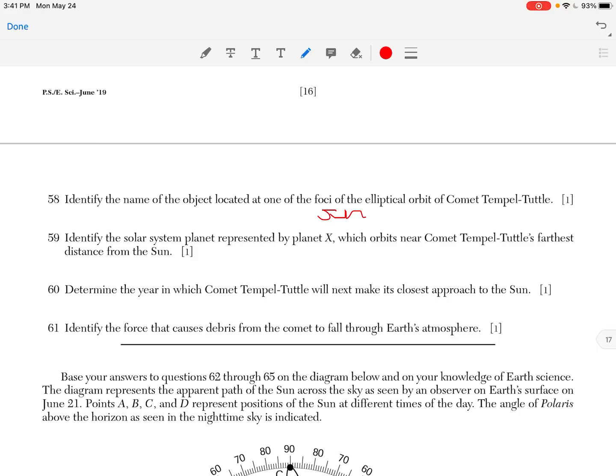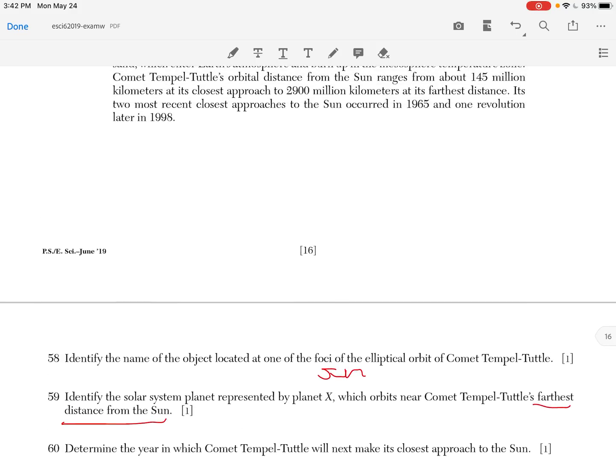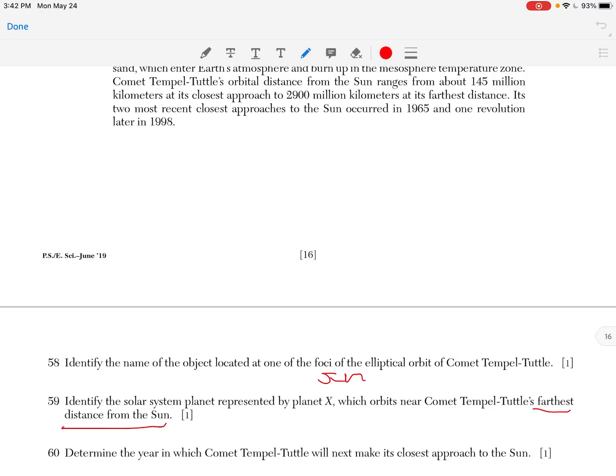Number 59 is asking about a solar system planet represented by planet X, which orbits near comet Tempel-Tuttle's farthest distance from the sun. So we're looking for an actual planet in our solar system, which means we're going to have to go to our reference table. But first, where is the comet Tempel-Tuttle farthest from the sun?